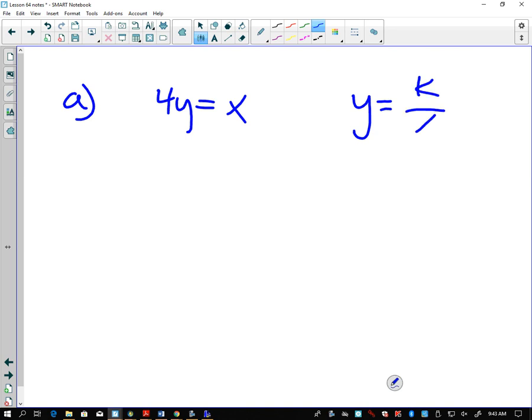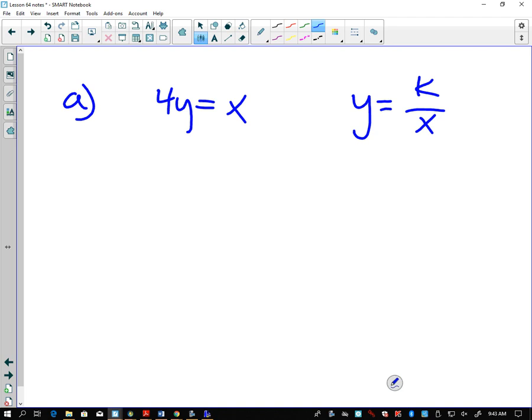K over x, right? All right, is this an inverse variation? Look at where x and y are in relation to each other. No, right? Because if I wanted to solve for, what does 4 represent in this equation that they've given us? It represents k.